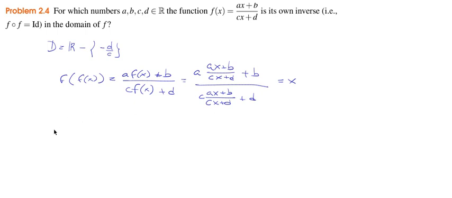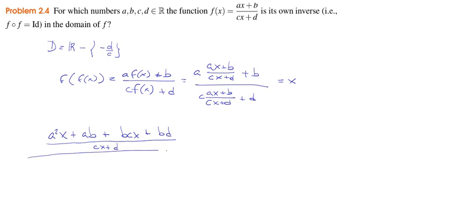So we want to solve this equation and find the conditions. Let's expand these things. The numerator is a squared x plus ab plus bcx plus bd, all over cx plus d. The denominator is acx plus bc plus cdx plus d squared, over cx plus d, equal to x.